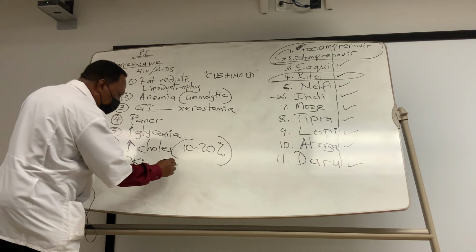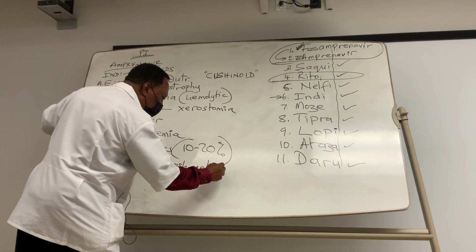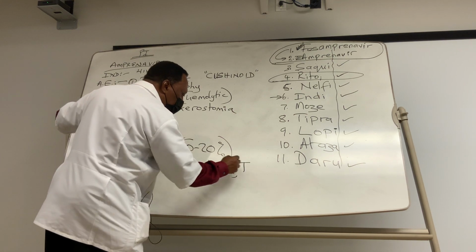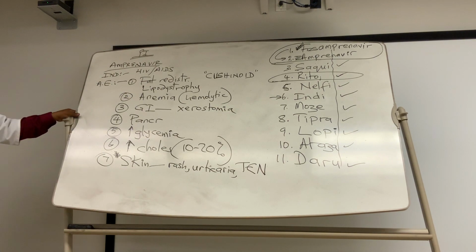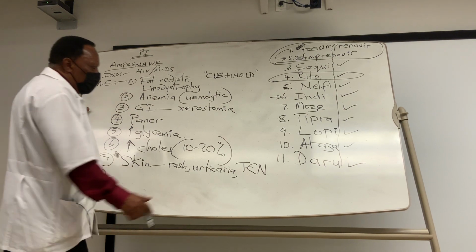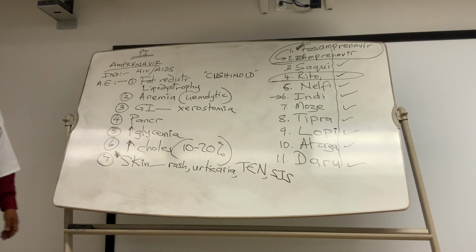Because not only can you get your regular rash and hives or urticaria, it can also produce toxic epidermal necrolysis. And that's the worst skin reaction you can get from the drug. Toxic epidermal necrolysis. Okay. TEN. And of course, it can produce Stevens-Johnson syndrome.